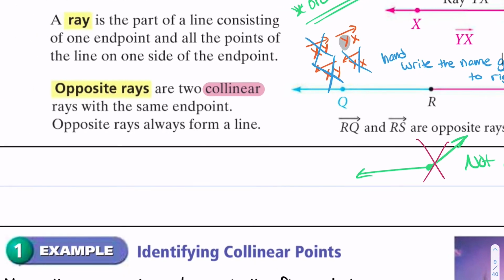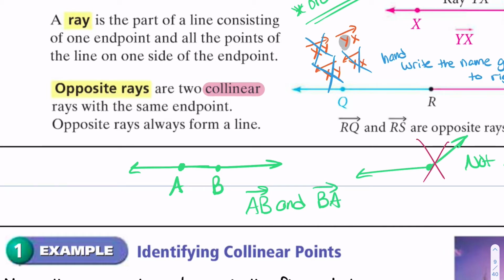Here is what is also not opposite rays. I know it's hard for you to see what I just did. AB and BA are not opposite.